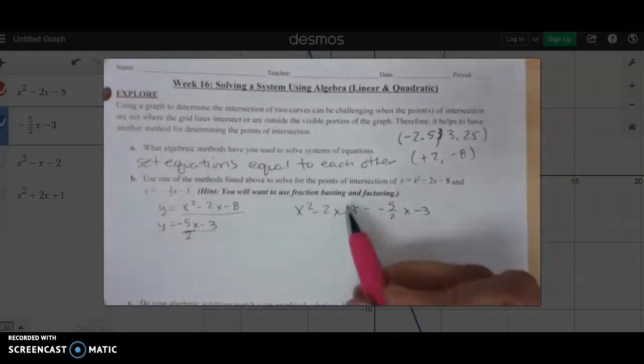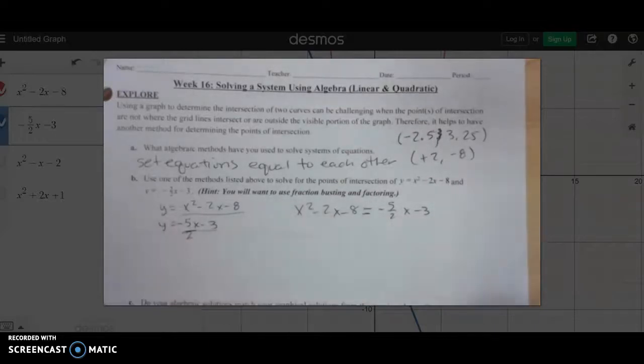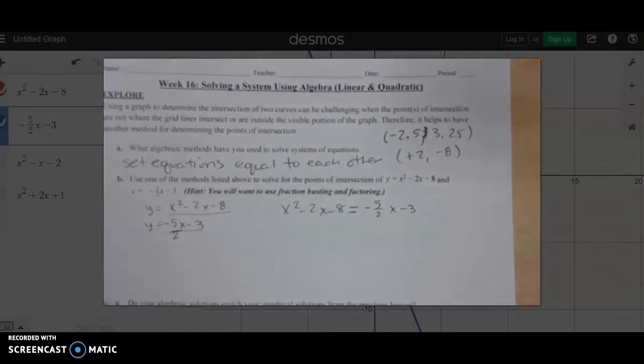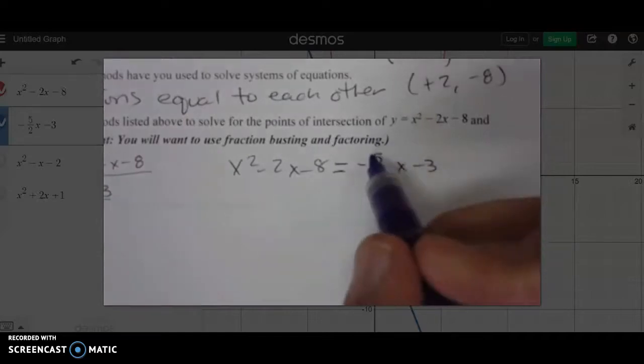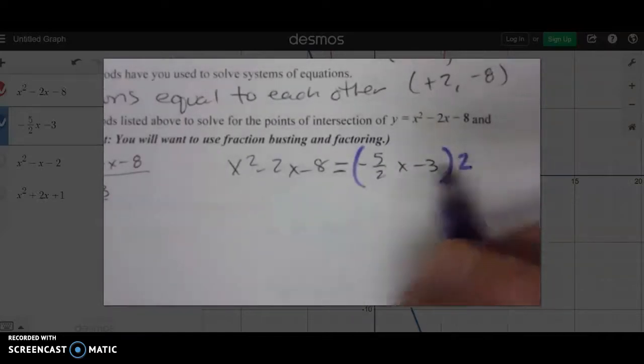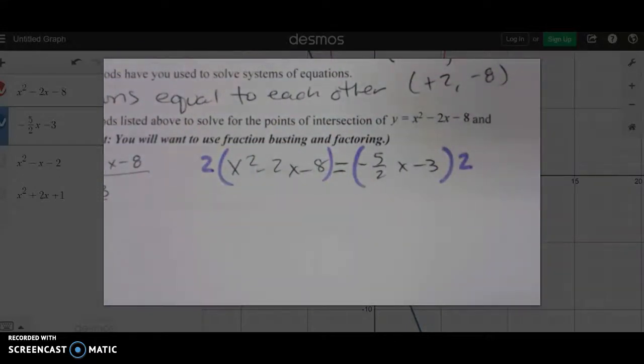So we're going to set those two items equal to each other, since they're both equal to y. One of the first things we notice is there's a fraction. So to get rid of that, let's multiply both sides by 2.